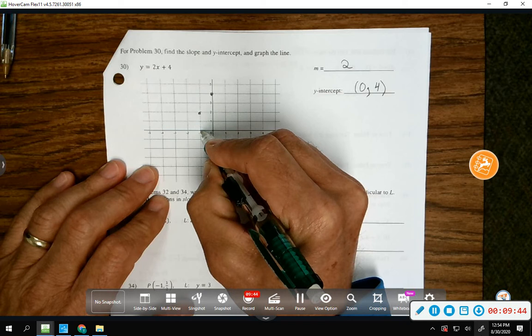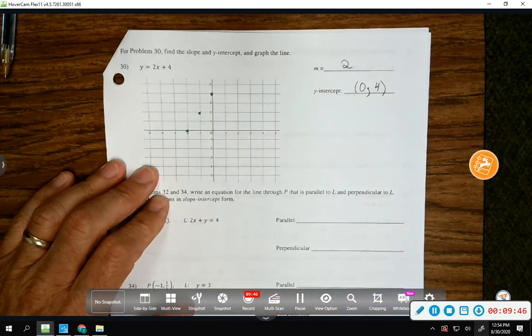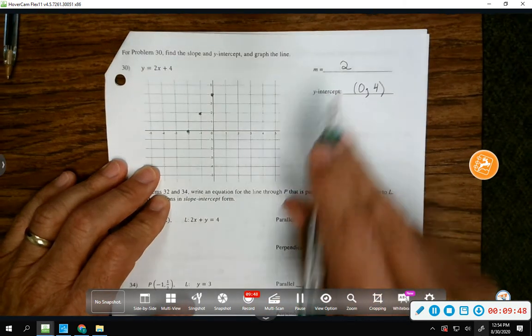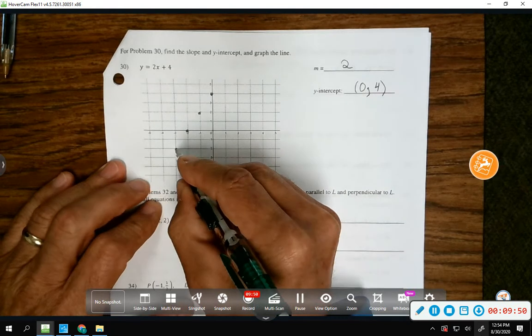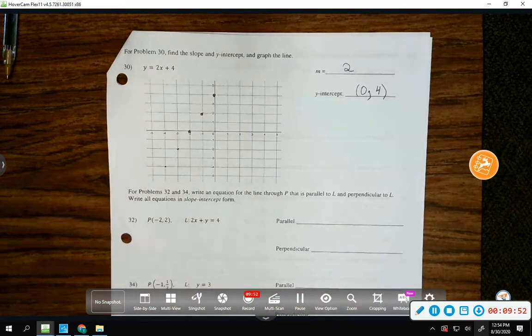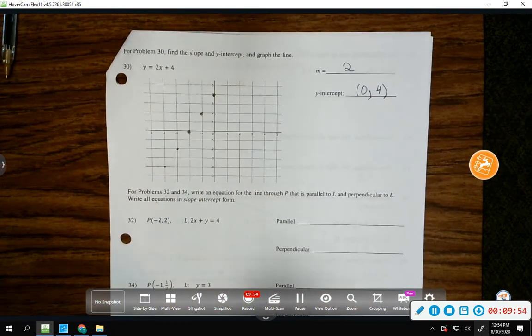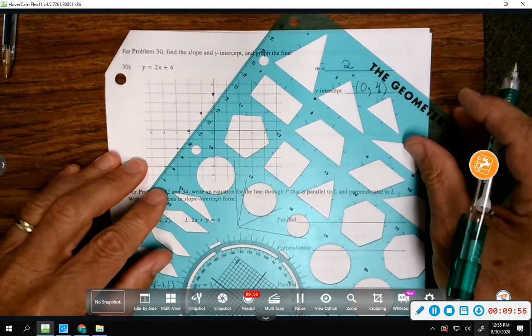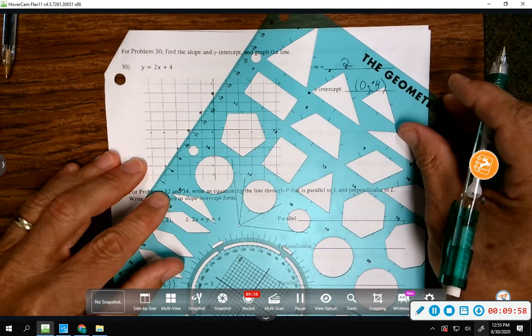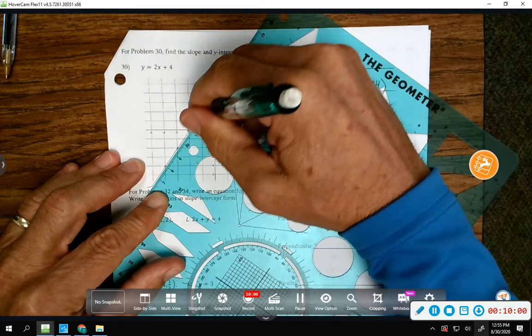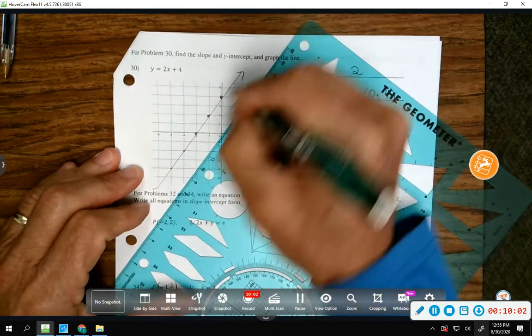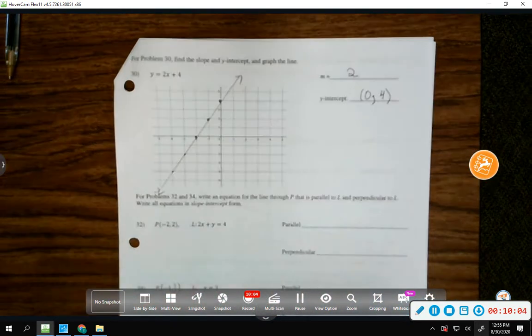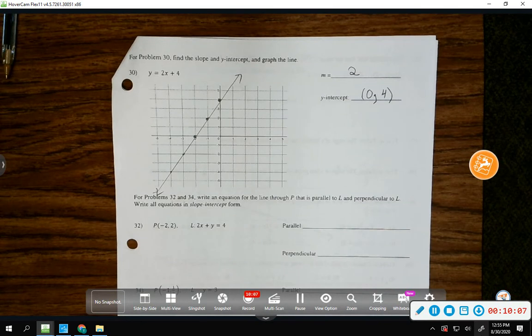Down 2 is -2, back 1 is -1. -2 over -1 does give me a positive 2. I like to count out as many as I can on my graph so that when I draw a nice straight line, it's as detailed as possible. Questions on problem number 30.